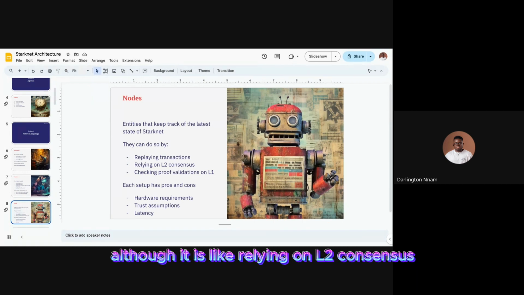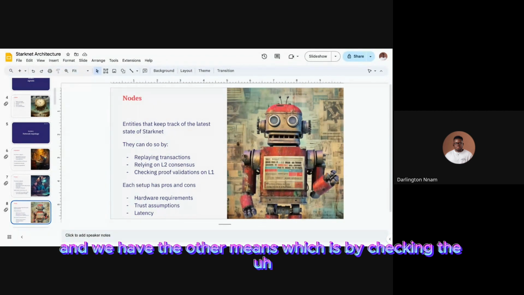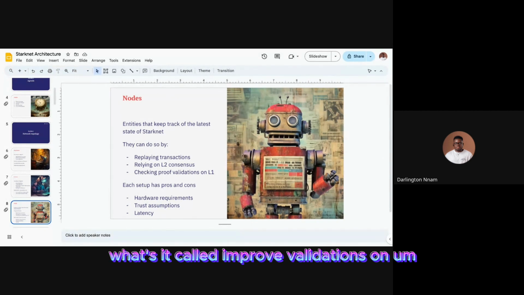Another way is relying on L2 consensus, which has the con of trust assumptions, because you're basically trusting the L2 consensus. And the other means is by checking the proof validations on layer one. There are a lot of nodes currently on Starknet. There's Pathfinder, which I think was one of the first, and there's the Juno node by Nethermind.